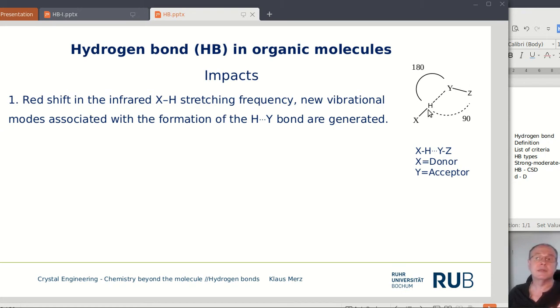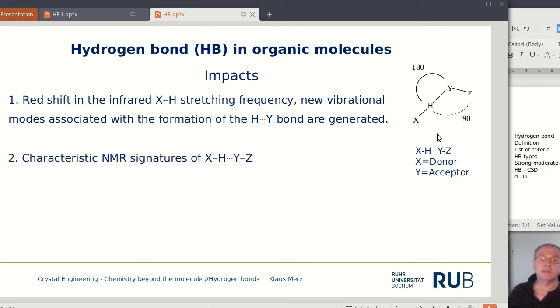So two effects: a shift of XH and additionally the appearance of a new mode of the hydrogen bond. Second thing, we can use NMR spectroscopy, and we should find a significant NMR signature of this pattern. Mostly we see broadness of the signals for hydrogen, because it is not located in one position, it is delocalized over a bigger range of space.